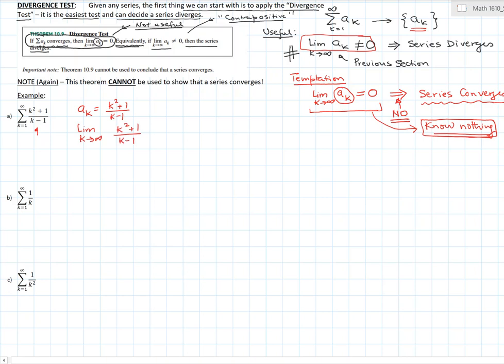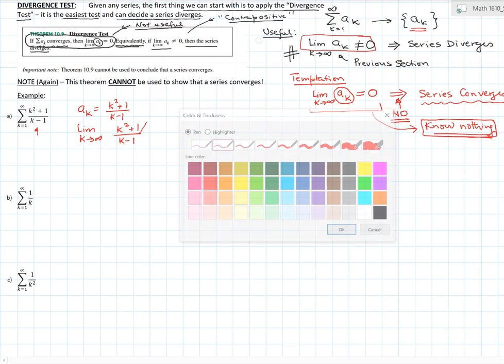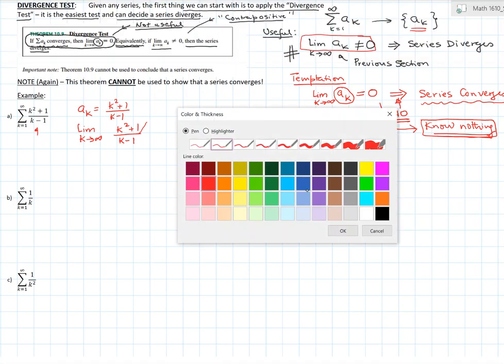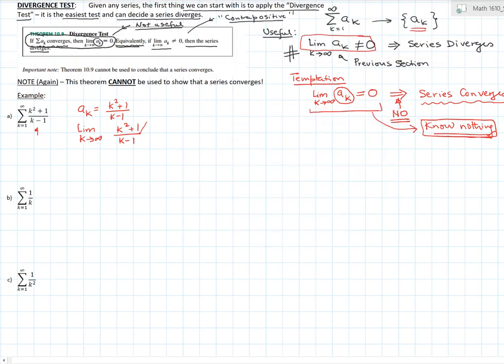Now this is the kind of stuff that you have done again in Calc 1. So if you want to find the limit as k goes to infinity, what you can do is divide the numerator by k, and divide the denominator by k.